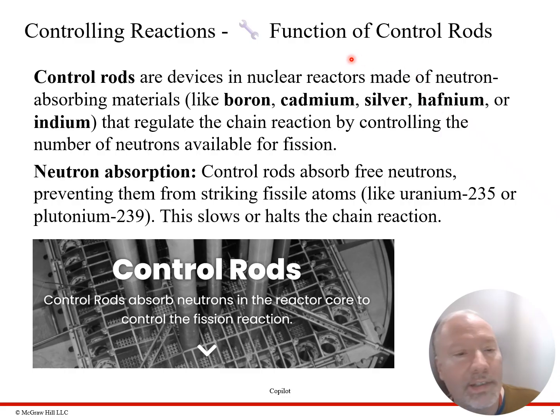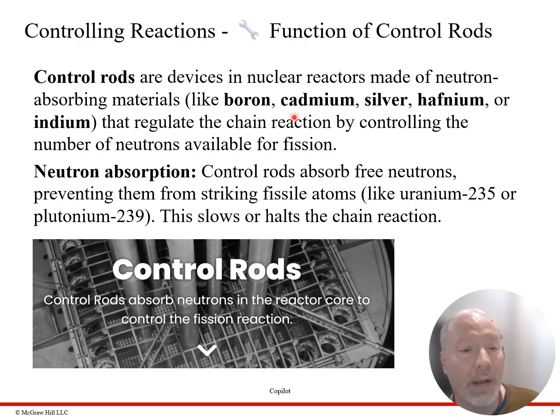And the way to control this is that these reactors use control rods. And control rods are devices in nuclear reactors made up of neutron absorbing material. So these neutrons are picked up by other material that's not fissionable like uranium. And so instead of these neutrons slamming into uranium, they can slam into rods of boron or cadmium or silver, hafnium or indium.